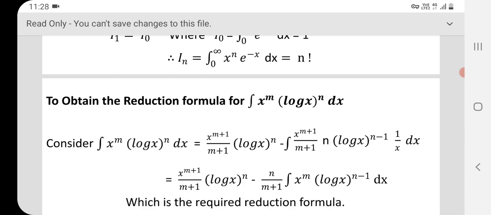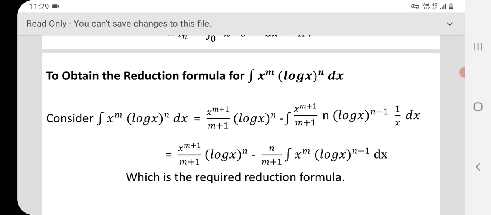Therefore, integration equals x power m plus 1 by m plus 1 with the first function as it is, minus integration of the second function into the derivative of the first function, n into (log x) power n minus 1 into 1 by x dx. So here also n is some positive constant, and m and n are integers. We will take the constant outside, so we may get this one.